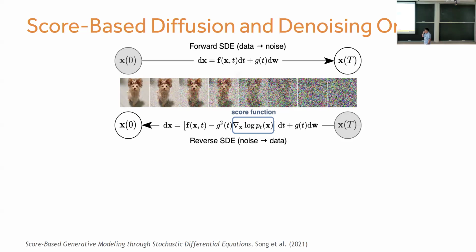I need to comment that although this dynamics looks very similar to Langevin, as it also involves the gradient of the log density, the mechanism is quite different. Langevin dynamics is a kind of equilibrium thermodynamics.